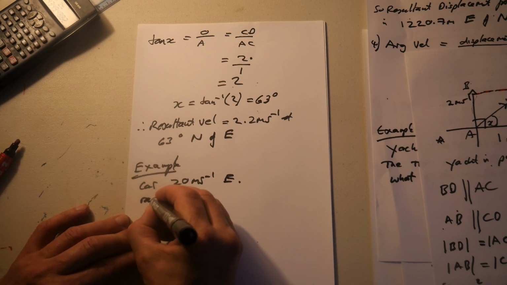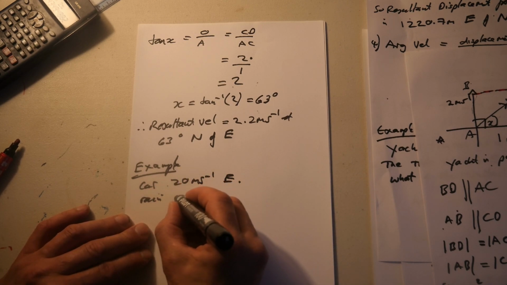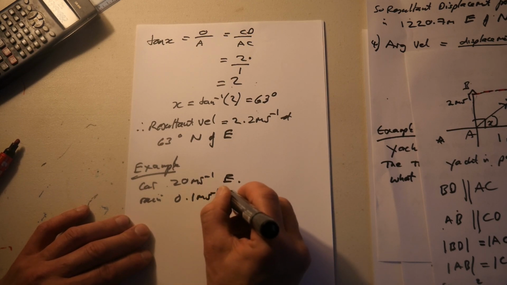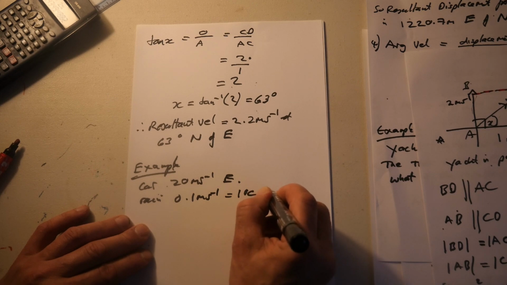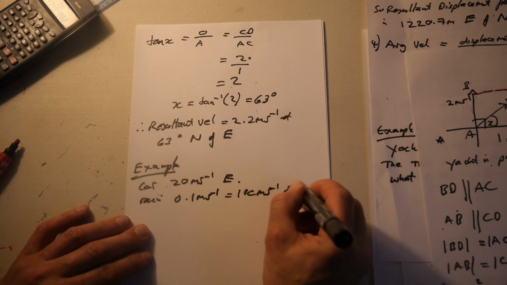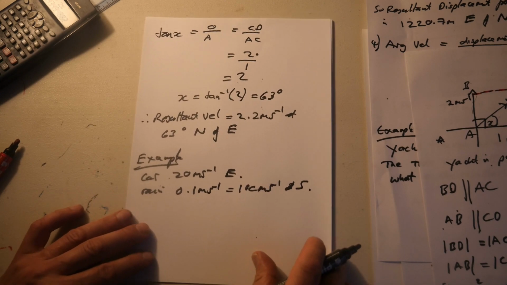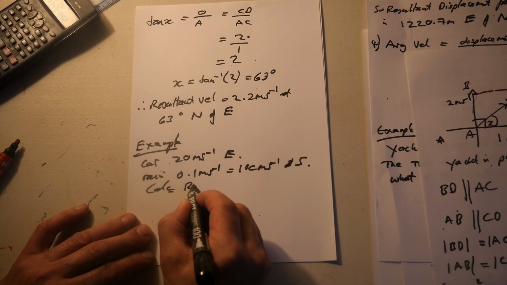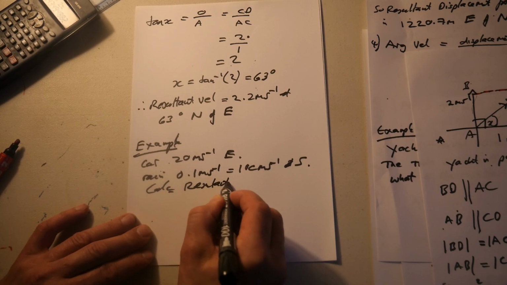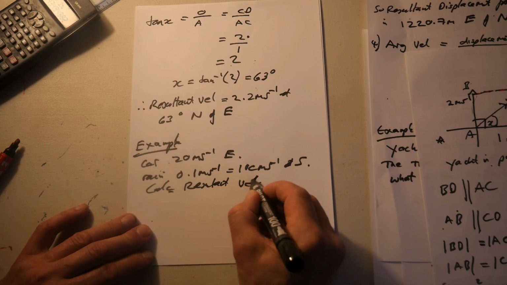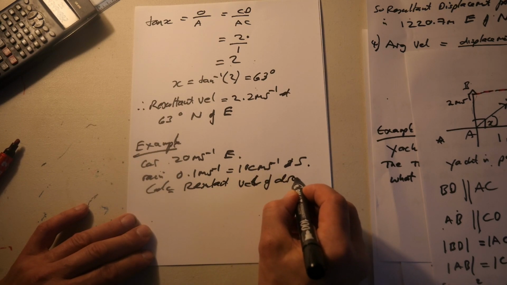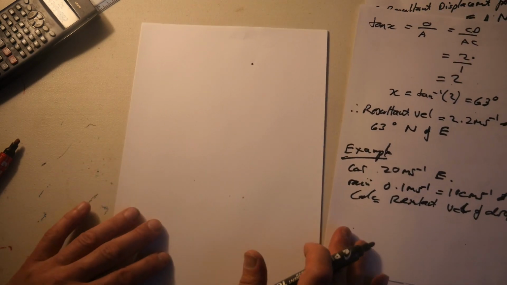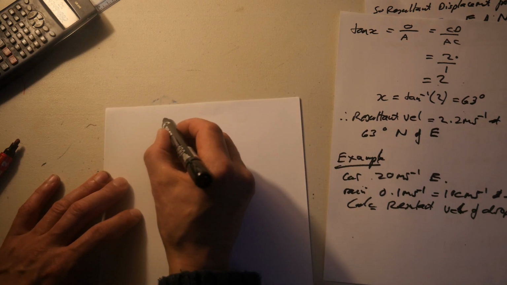Raindrops are blown across the windscreen at 0.1 meter per second, which equals 10 centimeters per second. They go due south, okay? So calculate the resultant velocity of drops, okay?